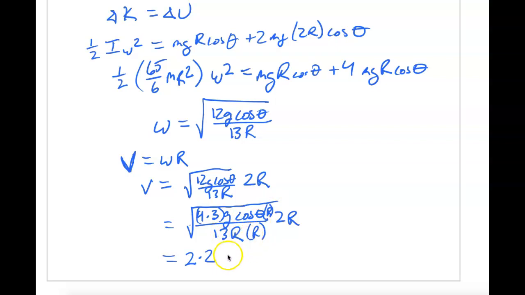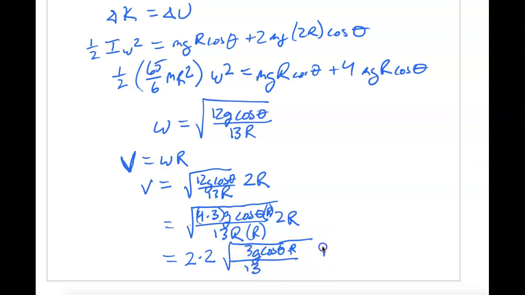And if I take that and find out what it is, I end up with 2 times 2 times the square root of 3 times g times cosine of the angle times r, and that's under the radical, all over 13.